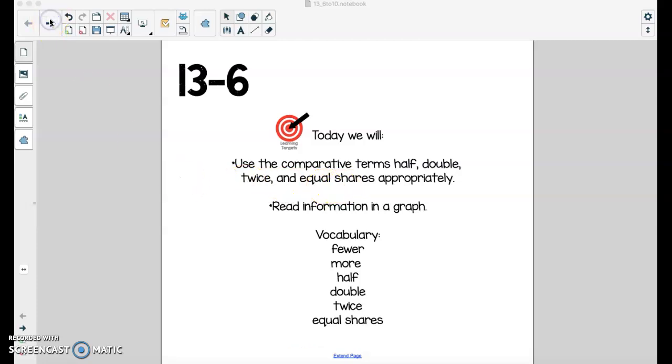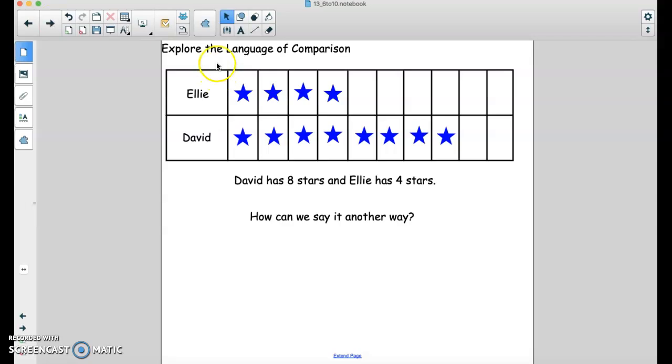So here we go. We're going to start with a little problem, and it's how many Ellie has. She has some stars, and David has some stars. David has 8 stars, and Ellie has 4 stars. Well, there's other ways that I can say this also.